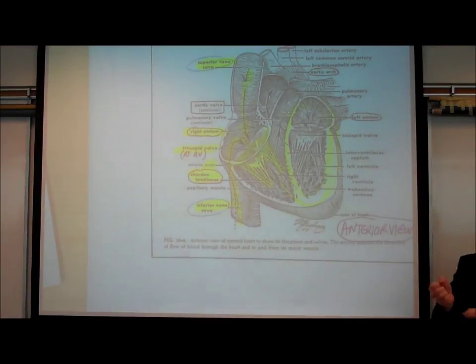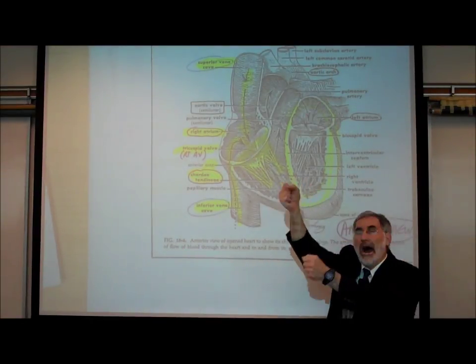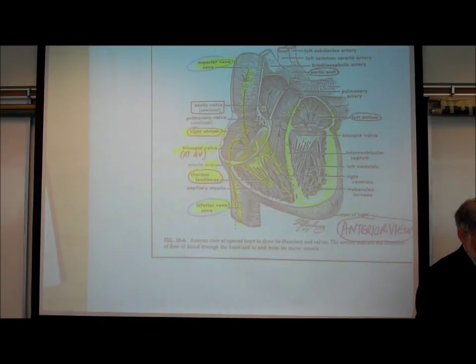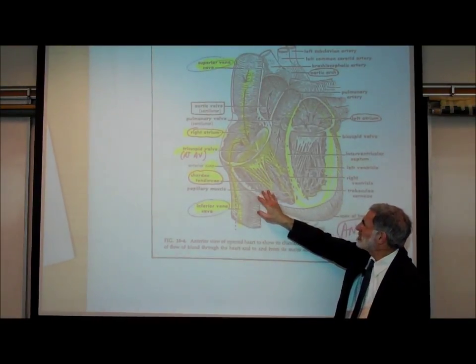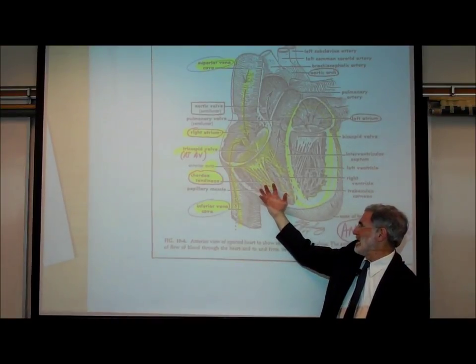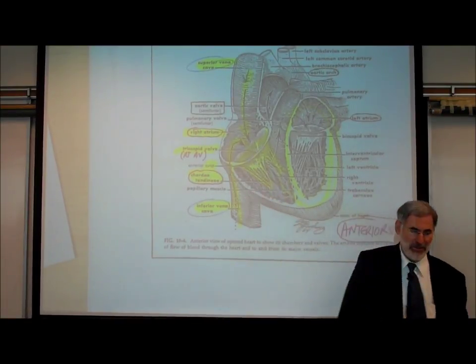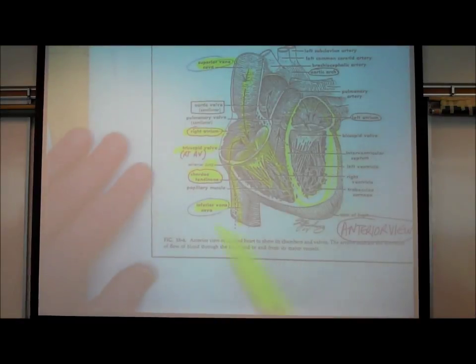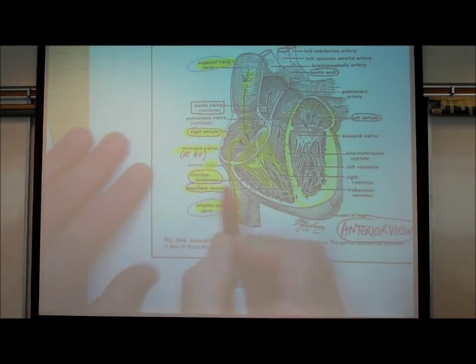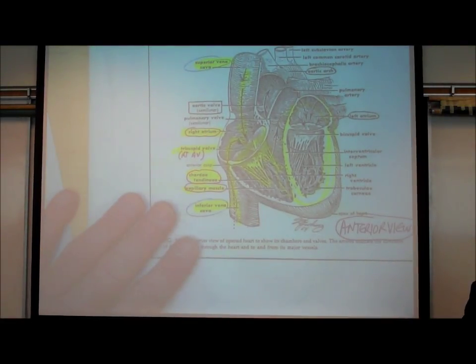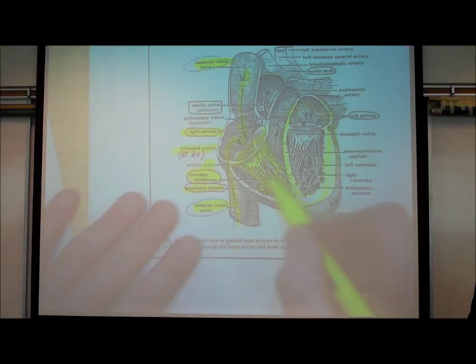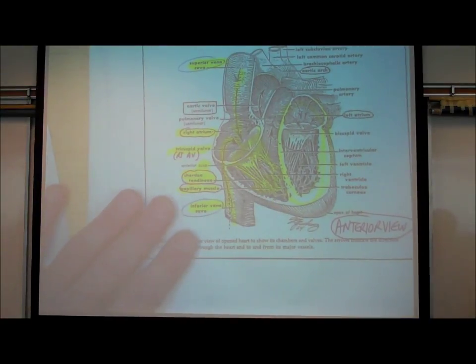They're like tendons or cords. They're like guy wires anchoring those cusps to the heart. Now, these cords are attached to muscle on the inner wall of the heart, and this muscle on the inner wall of the heart is called papillary muscle. So that's what those tendon-like cords are attached to, this rough muscle in the inside of the heart called papillary muscle.